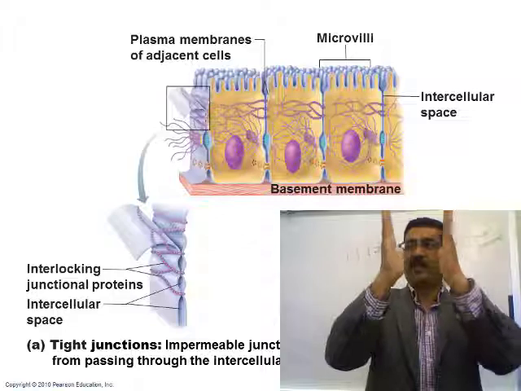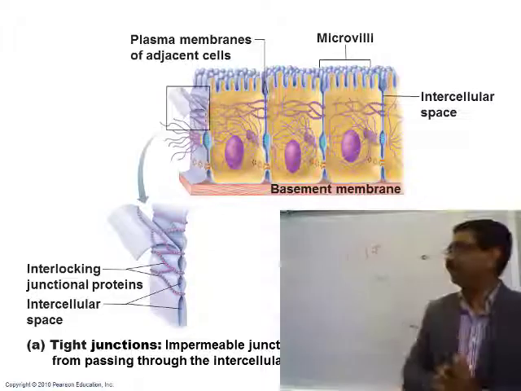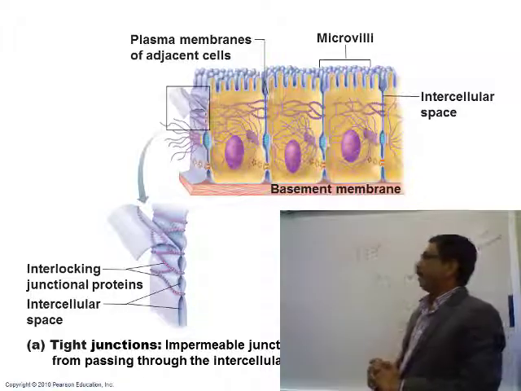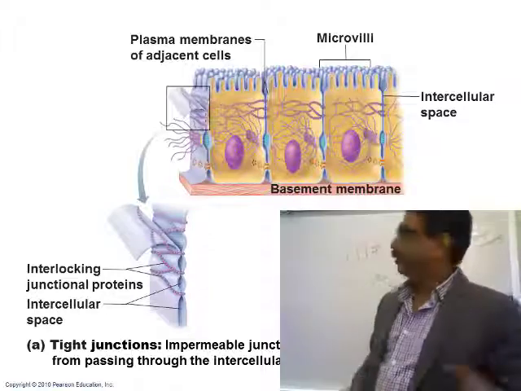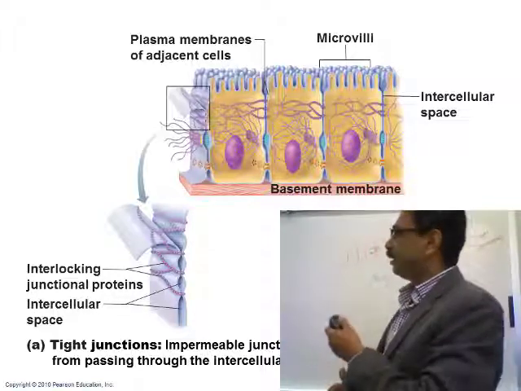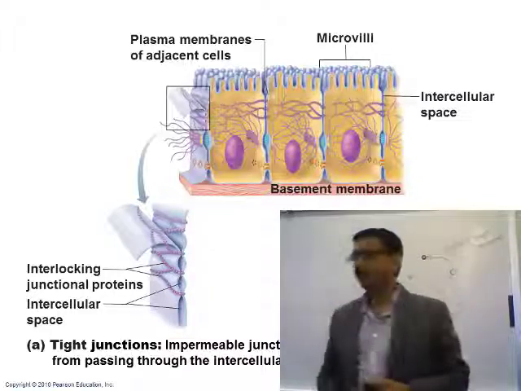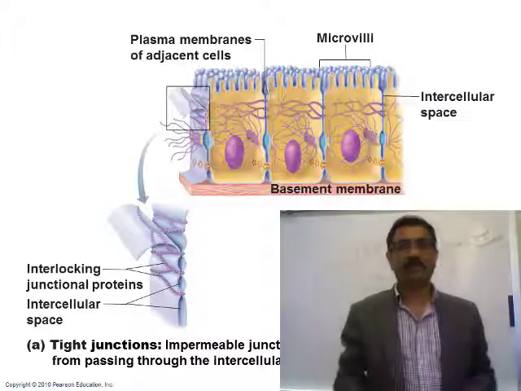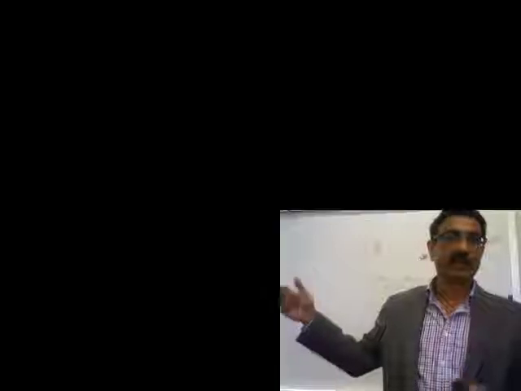So two cell membranes are stitched together by what? Interlocking junctional proteins. So peripheral proteins. Remember, all those are peripheral proteins. Interlocking junctional proteins.